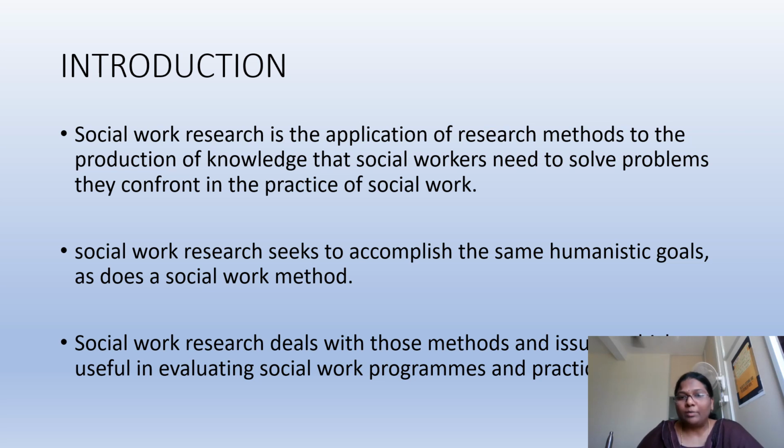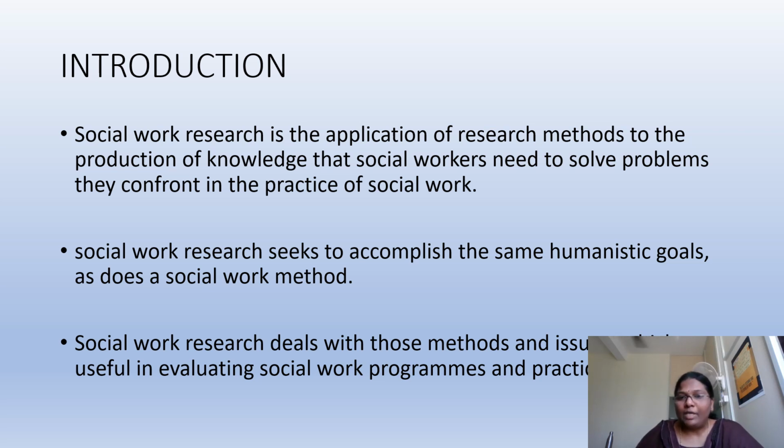It seeks to accomplish the humanistic goals, as does a social work method. We have 6 methods of social work, 3 primary methods and 3 secondary methods. All these social work methods aim at achieving the goals to help human beings, to solve human social problems, individual problems, group problems or community problems.